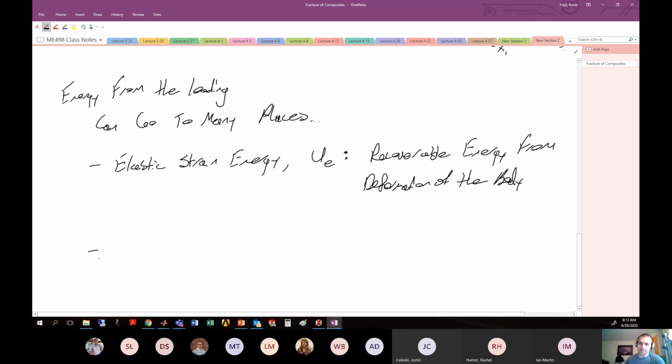There's also plastic strain energy, given by the variable U_P. And this is unrecoverable deformation.